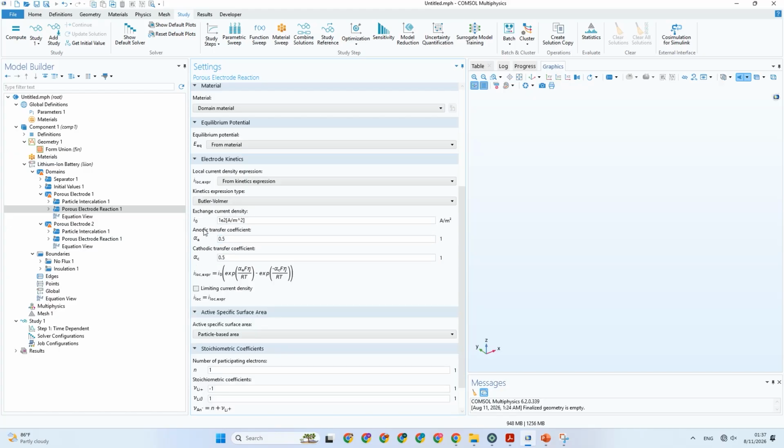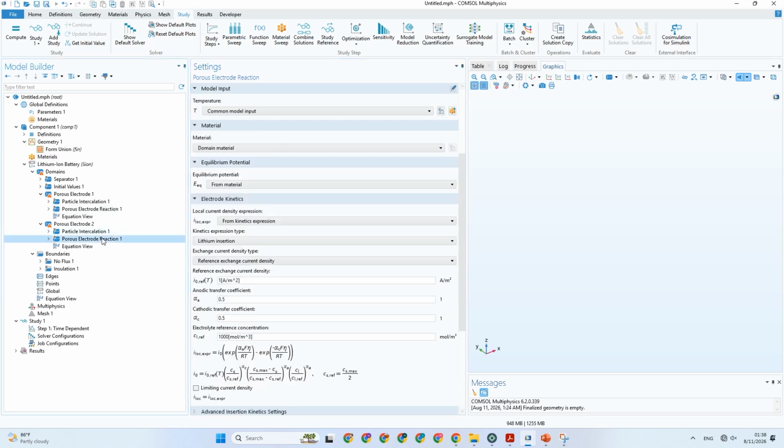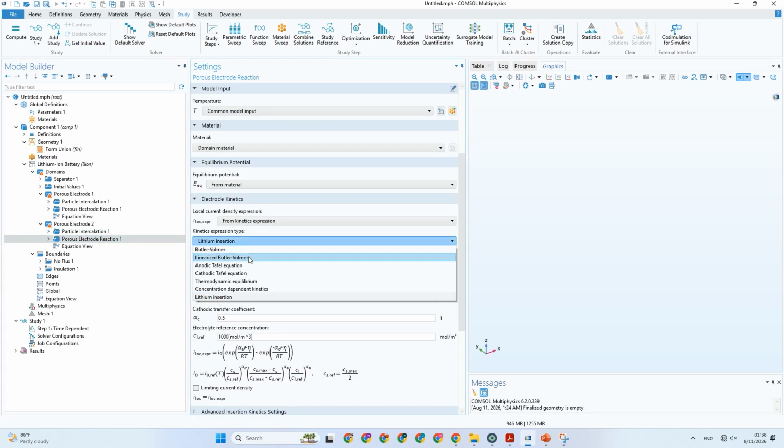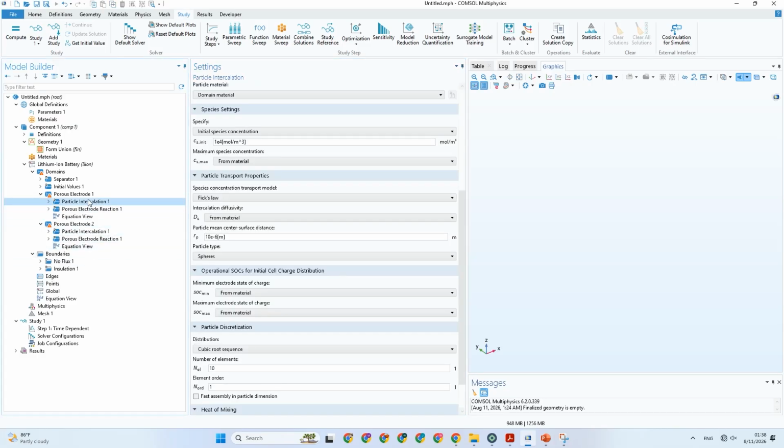And we need the exchange current density, anodic transfer, cathodic transfer, and we leave it as default. Although we can use a limit current density, I just leave it as default. Also for this one, I choose Butler-Volmer. Nice. I continue.